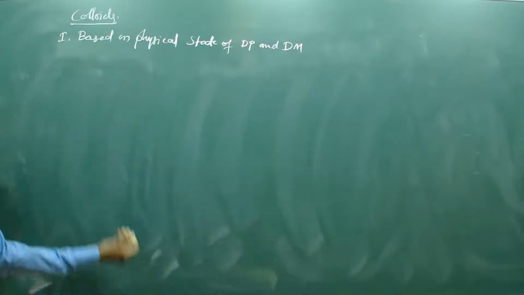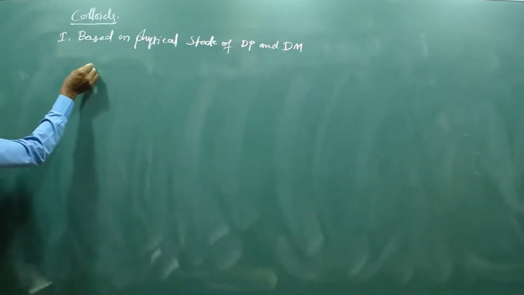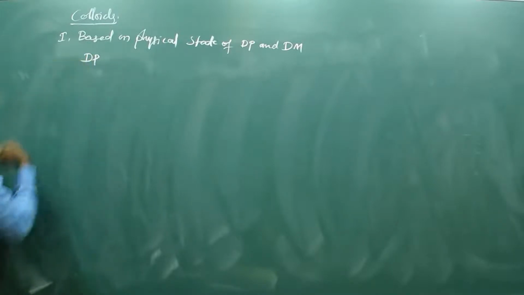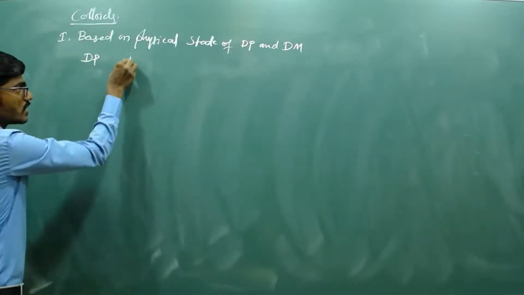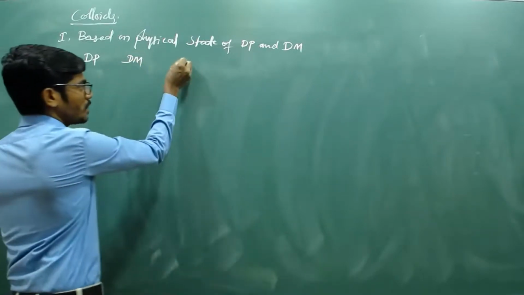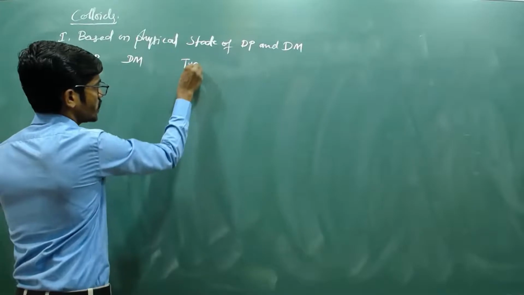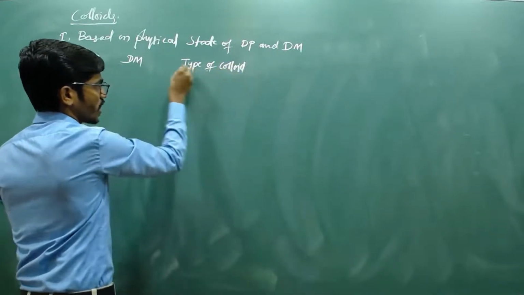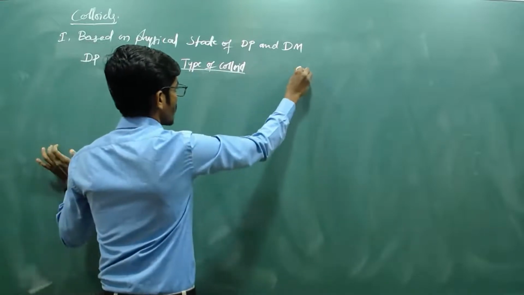So here we can make a table: physical state of dispersed phase and dispersion medium, type of colloid, this is very important, and some examples.